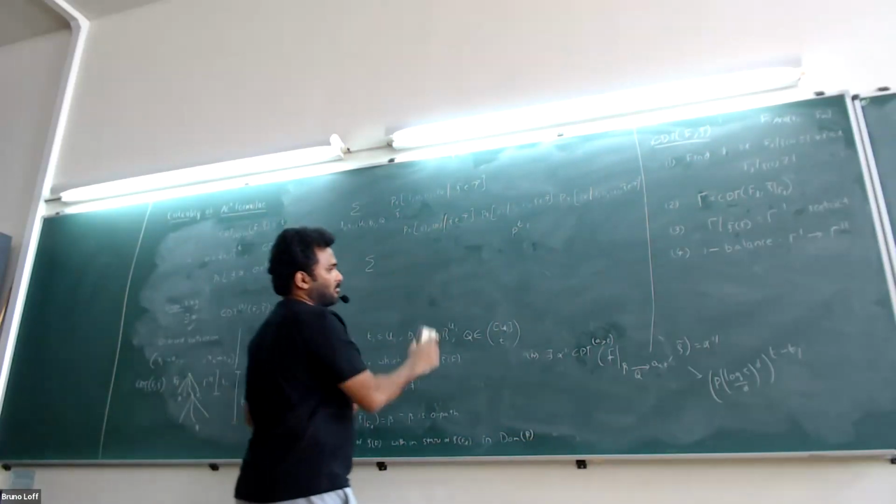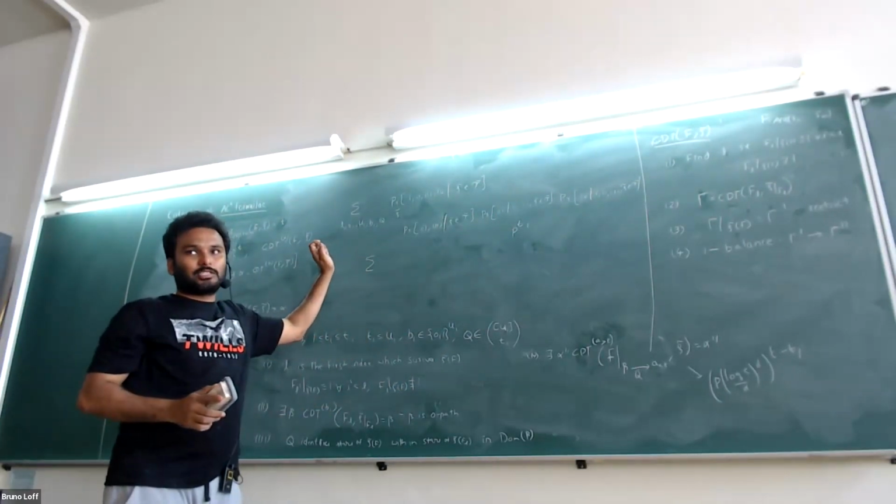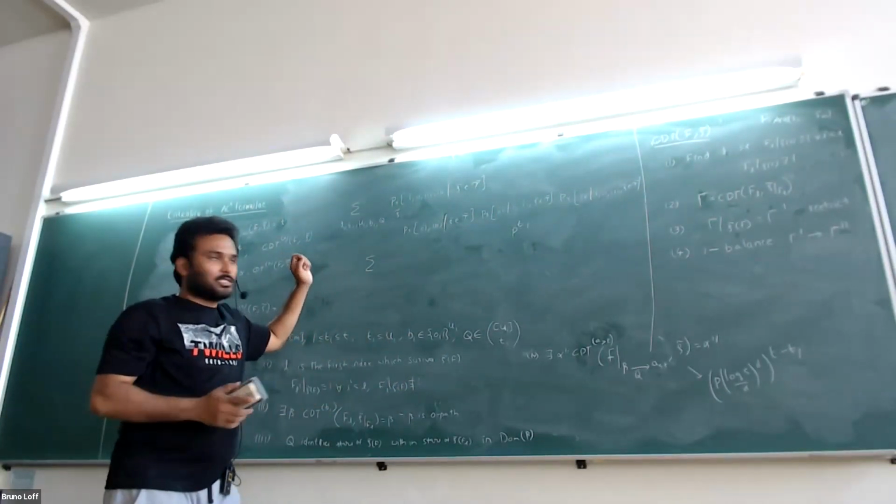So I just assume these two things and then show the convex P part of it.